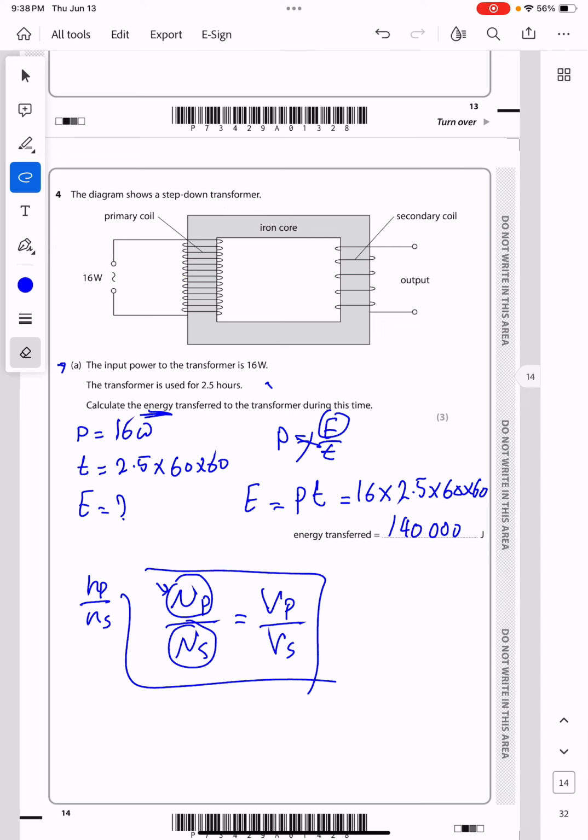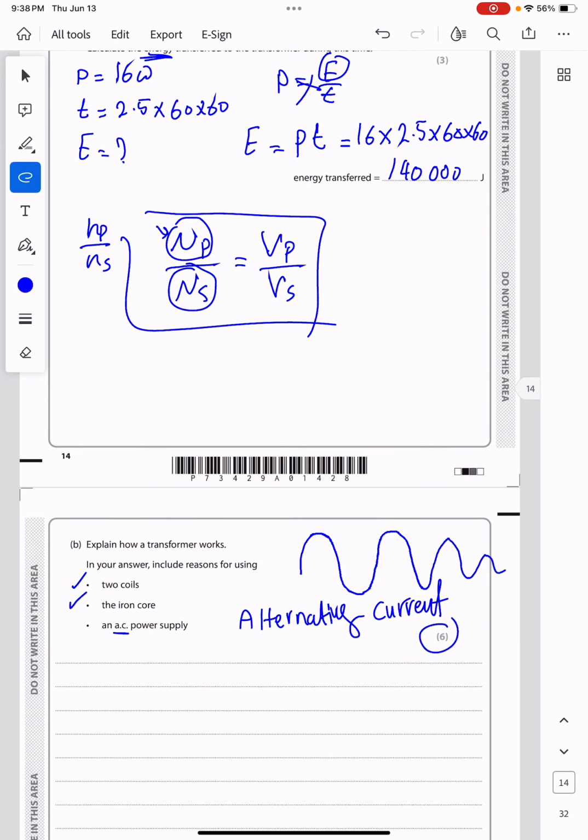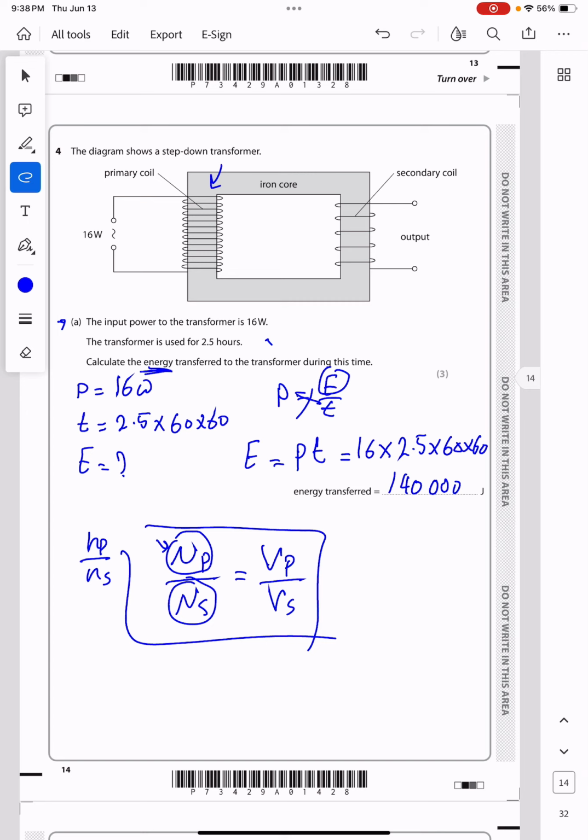So how can I make a change in this part so that I can make the output, which means Vs, a little bit stronger? And I just explained that when I was talking about the transformers. All I have to do is, can you guess?